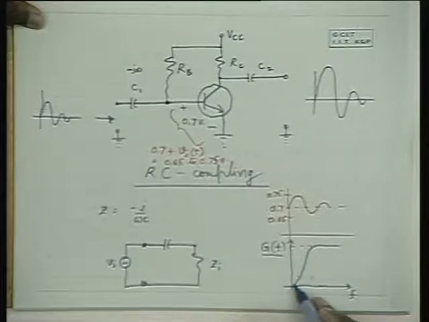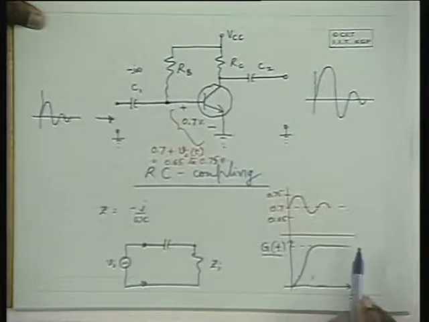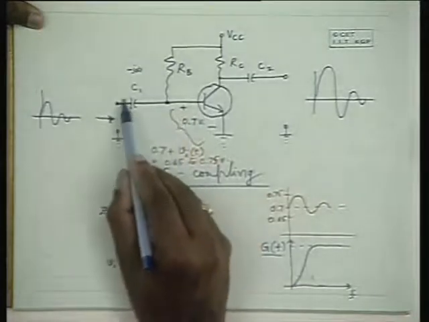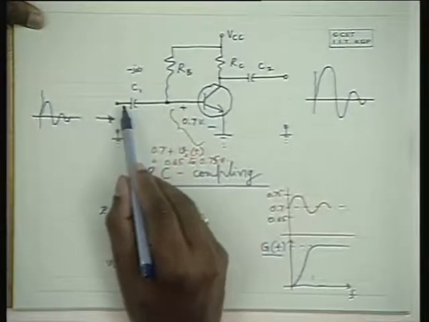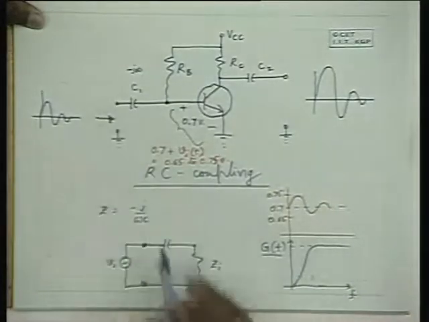On the low frequency side, the gain falls like this. And what about at high frequencies? Ideally, the amplifier should work up to infinite frequencies, because these capacitances are going to act like short circuits at very high frequencies, so they do not come into the picture.